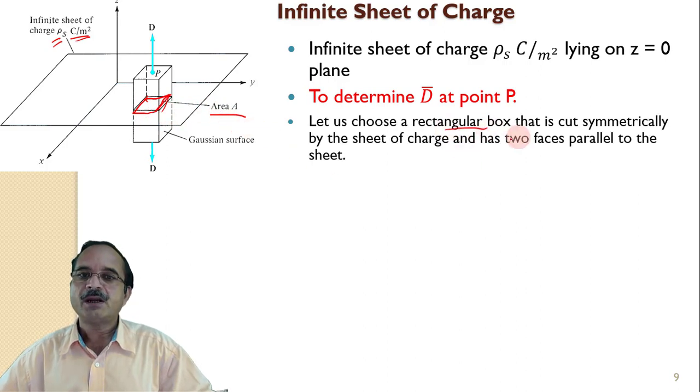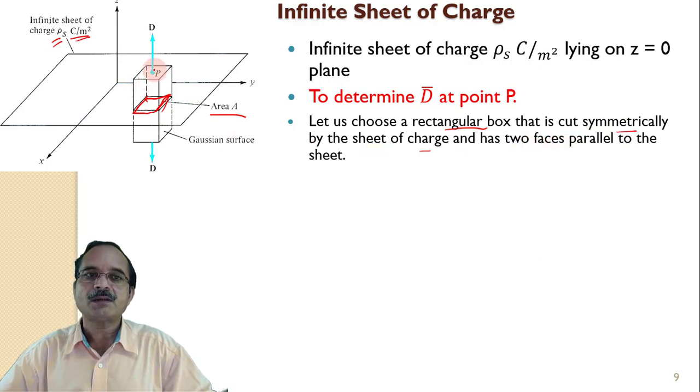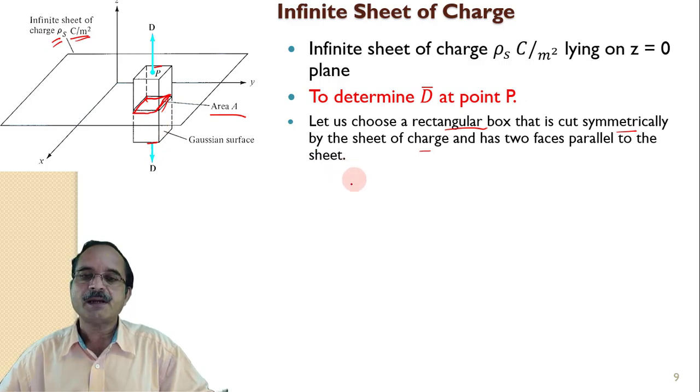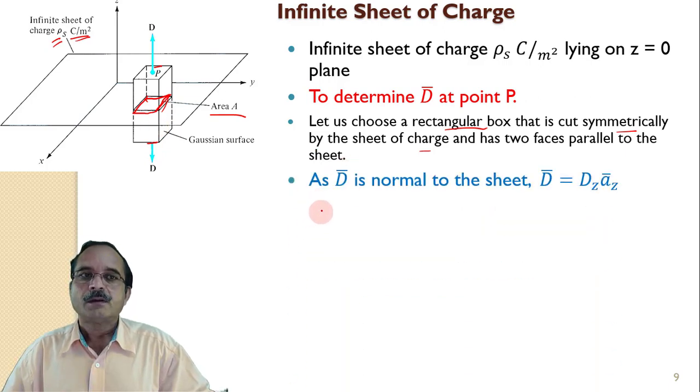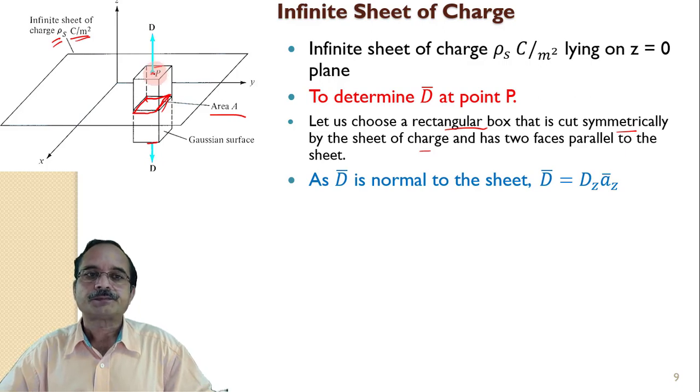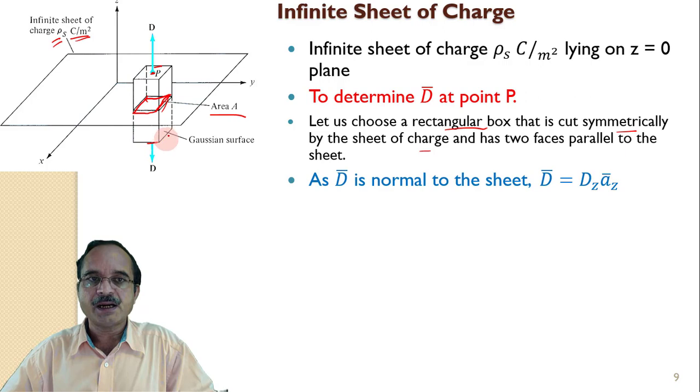So assuming a rectangular box which symmetrically cuts the sheet of charge, there are two faces parallel to the sheet, this face and this face, and the other surfaces are perpendicular to the sheet. So let us apply Gauss law for this. Now if I assume point P is lying on the top of the surface, and accordingly I have selected this surface.